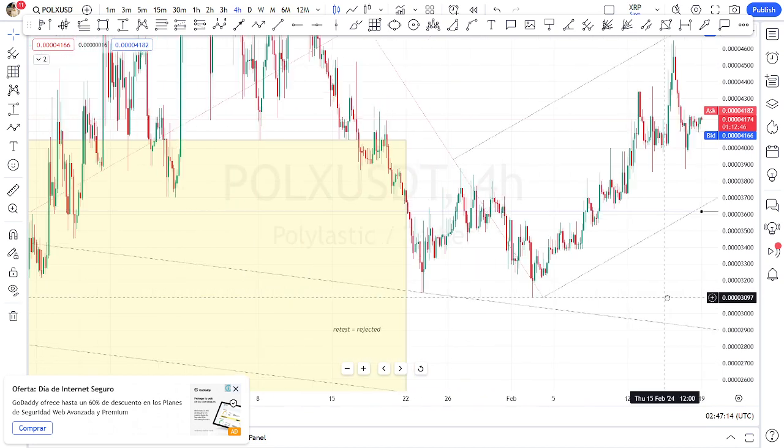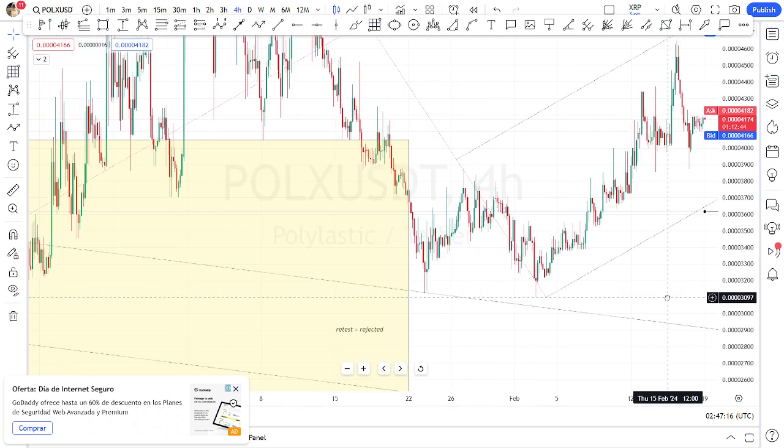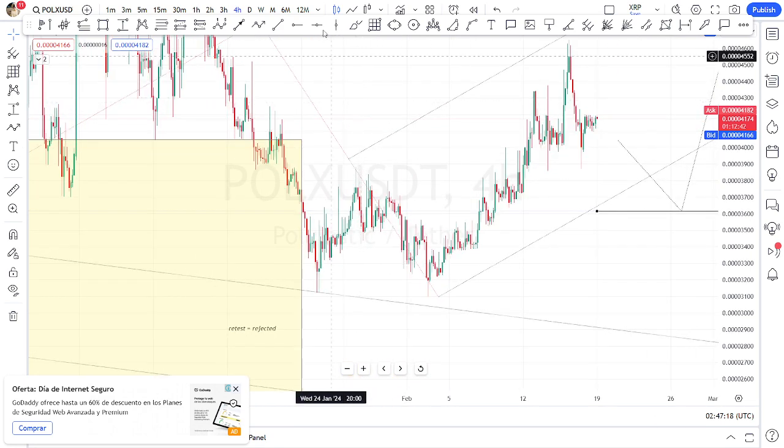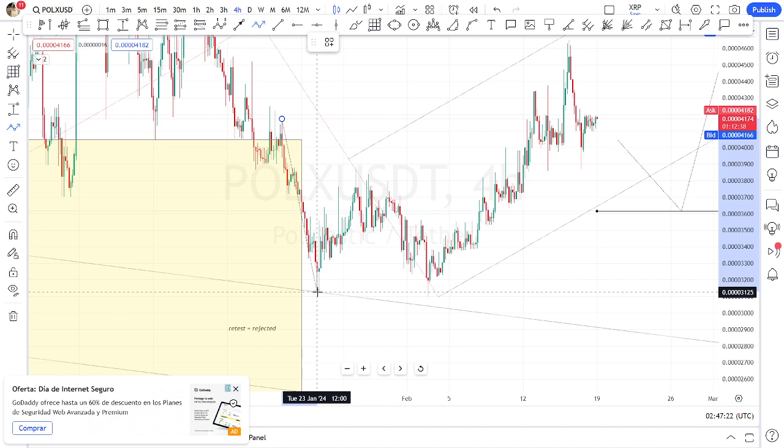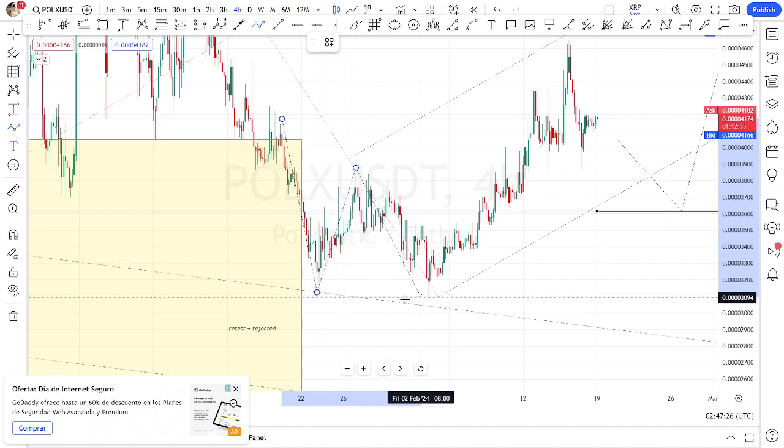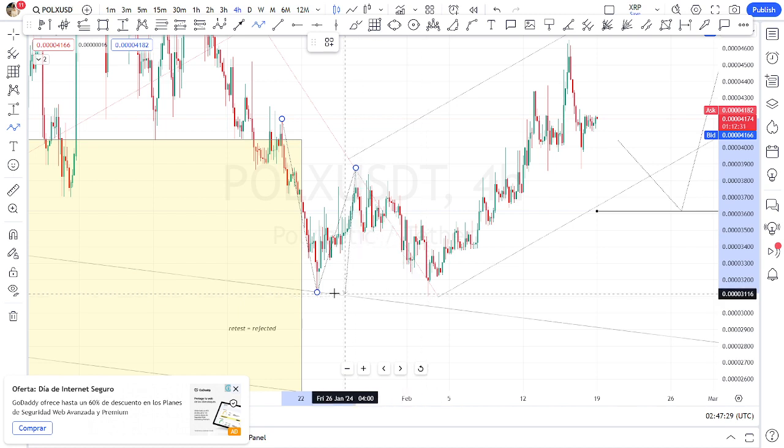Is it valid? Yeah, indeed, this is a valid Quasimodo. But I am not totally convinced, since the distance between this area and this area is almost quite near. But since this area breaks this support, then yeah, let's consider this the lower low.